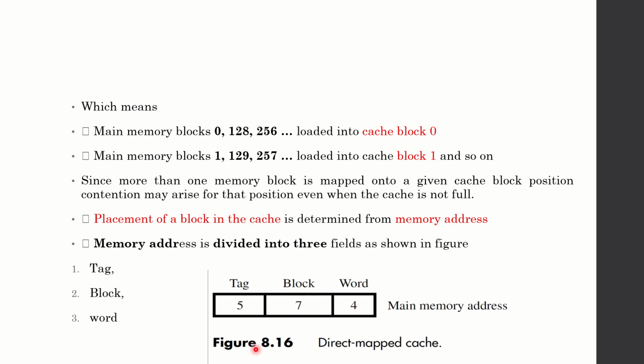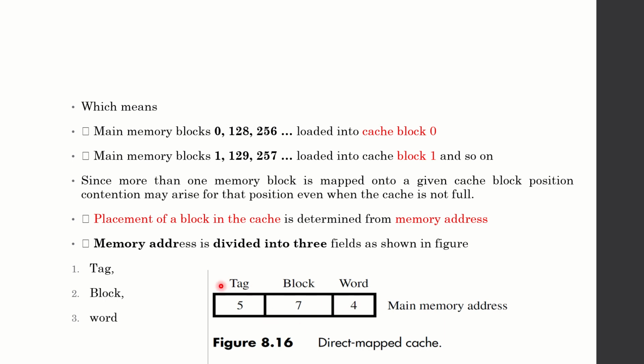Next we have to explain how these address lines are divided. In the case of direct mapping, a memory address is divided into 3 fields. In our example, the total memory address is 16 bits, which is divided into 3 parts. The values here are based on our example.